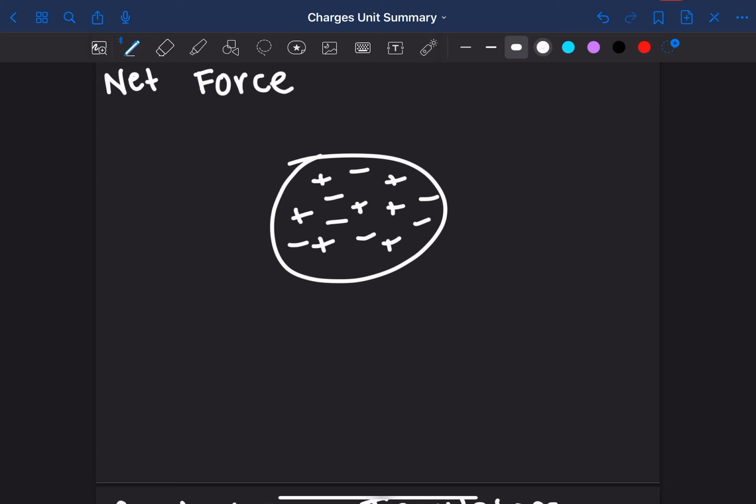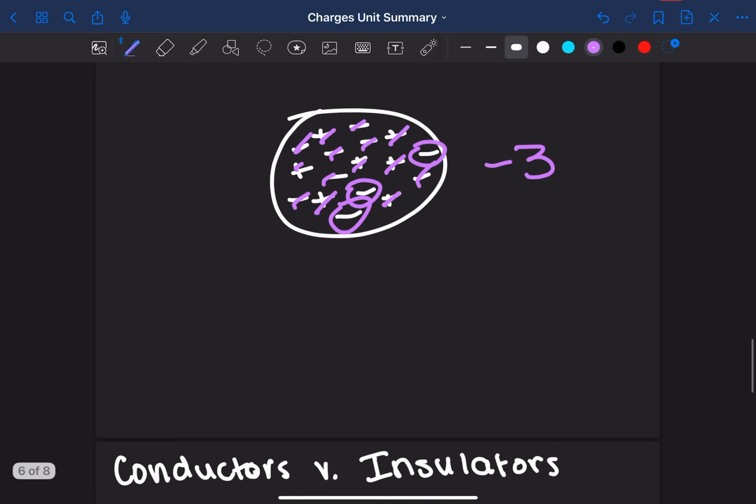You are literally canceling out one of each every time you do that to get a net of 0. But if you start adding in a few more negatives, then when you cross them out, you're going to find that you have a net charge of -3. And again, same thing can happen if there were 3 extra positive charges rather than negative.